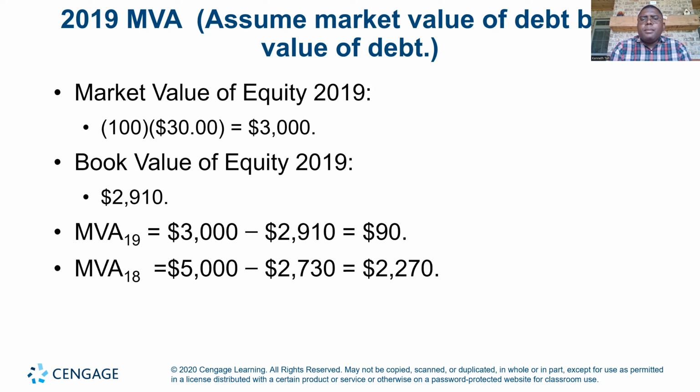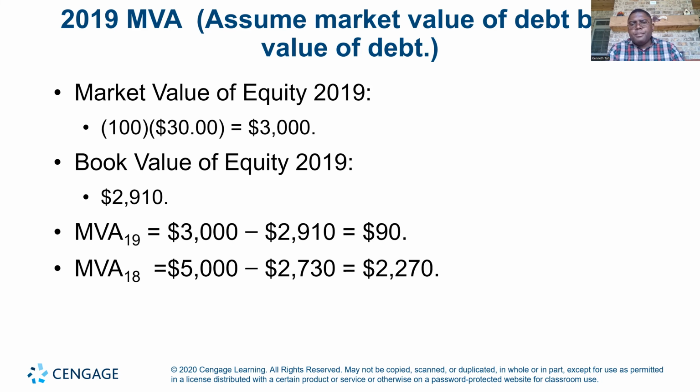And then the balance sheet, which is a snapshot of the company as at December 31st of a particular year. It shows us the assets, liabilities and stockholders' equity. Assets are always equal to liabilities plus stockholders' equity.